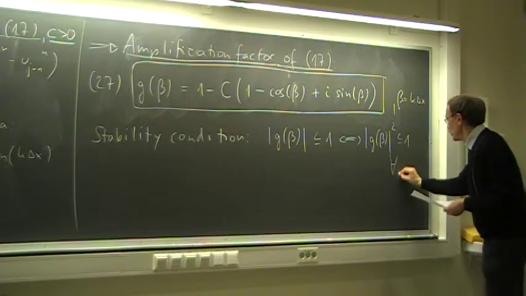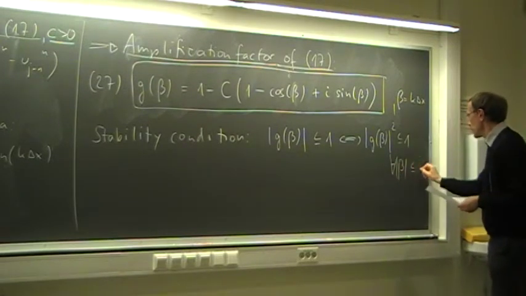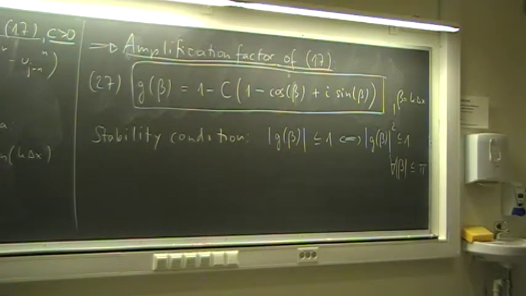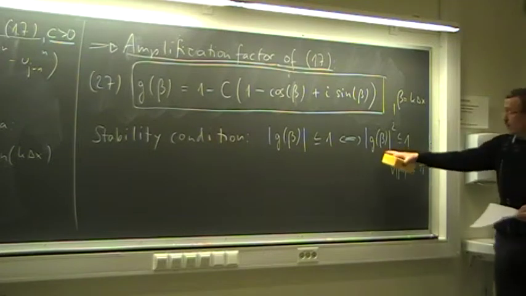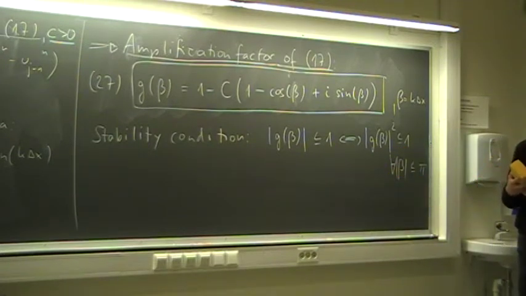And it is for all beta, and the ones that are interesting are the ones smaller or equal to pi. So then we have to check that. And now we have actually a complex amplification factor, as we had also already for the forward time-centered space. So then we use the same rule for taking the absolute value of a complex number. If we want to have that squared, we take the real part squared plus the imaginary part squared.